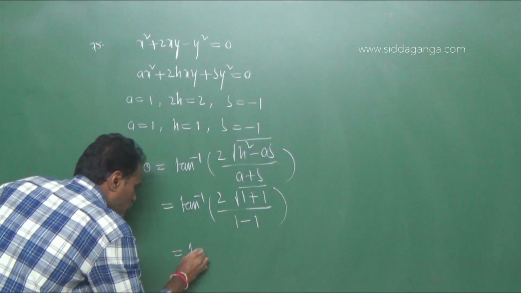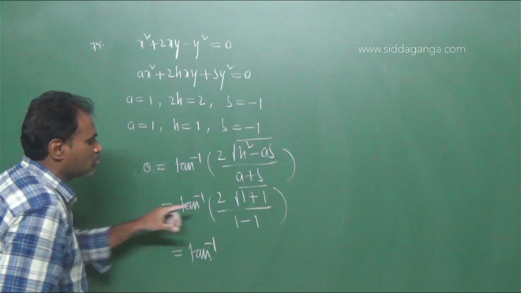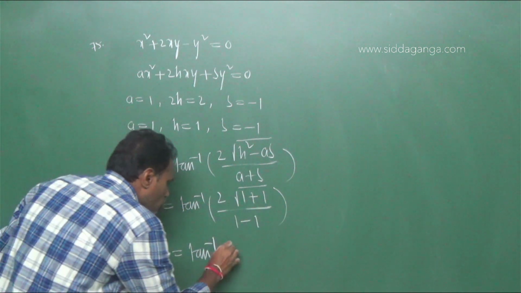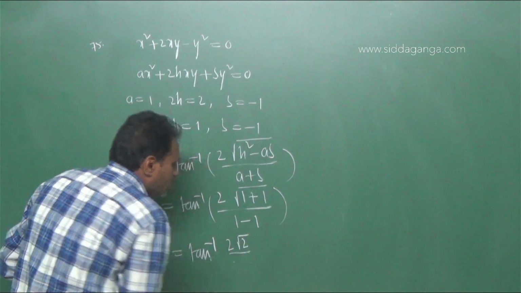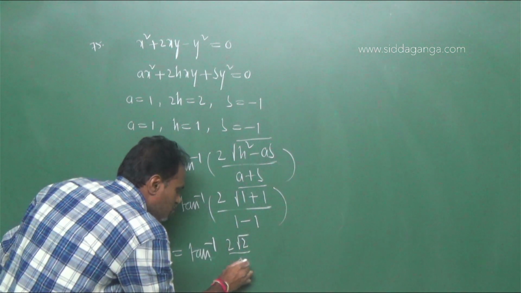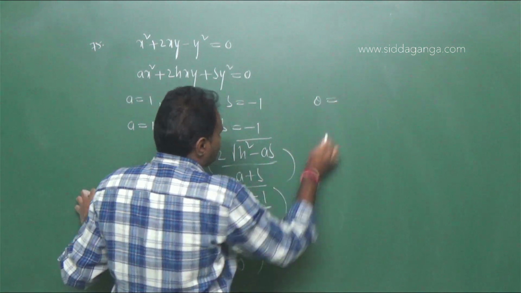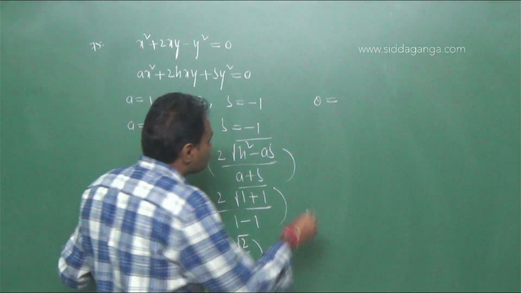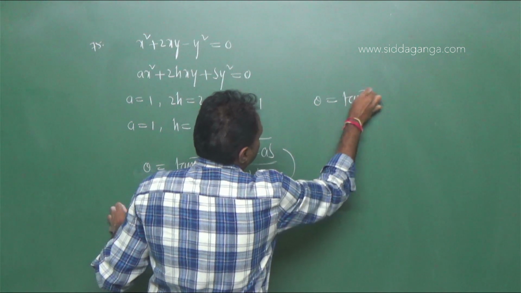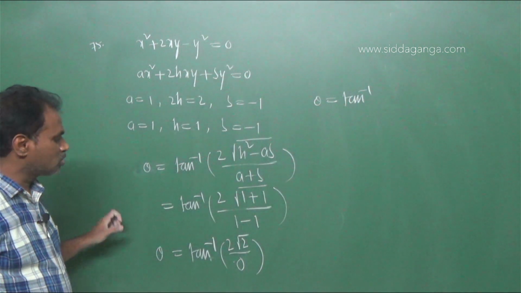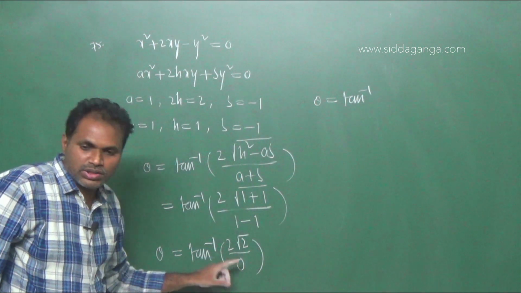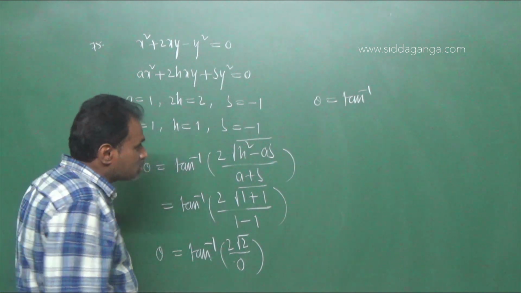Therefore, it is equal to tan inverse of 2 into root 2 divided by 1 minus 1. 1 minus 1 means 0. Therefore, theta equal to tan inverse of 2 root 2 by 0. 2 root 2 by 0 means infinite.